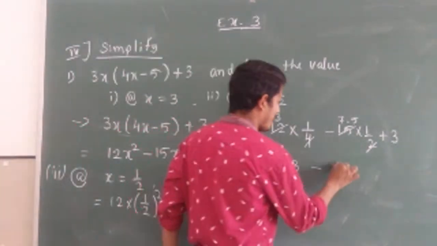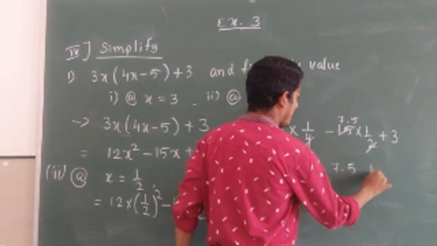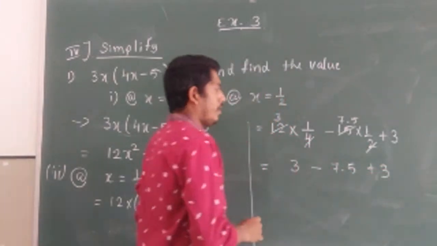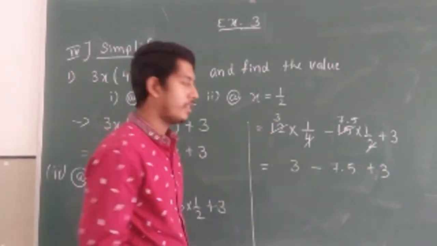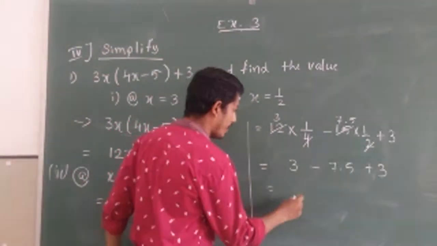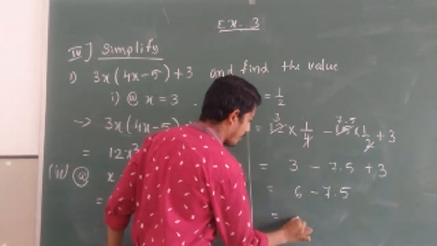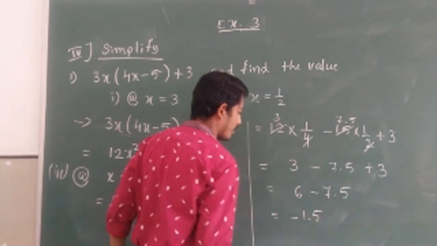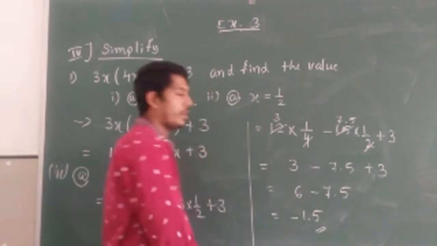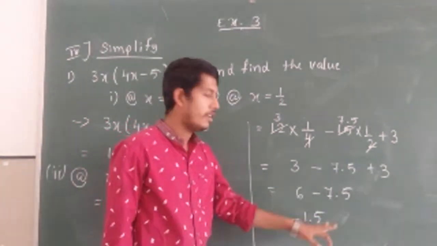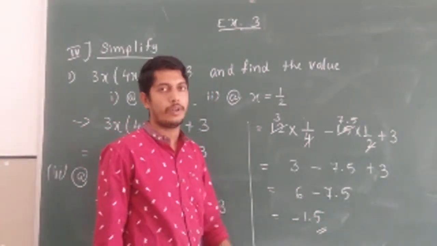That's 7.5. Then plus 3 becomes plus 6, minus 7.5, so it is minus 1.5. The answer is minus 1.5 because the sign of the highest term is minus. So 7.5 minus 6 is 1.5.